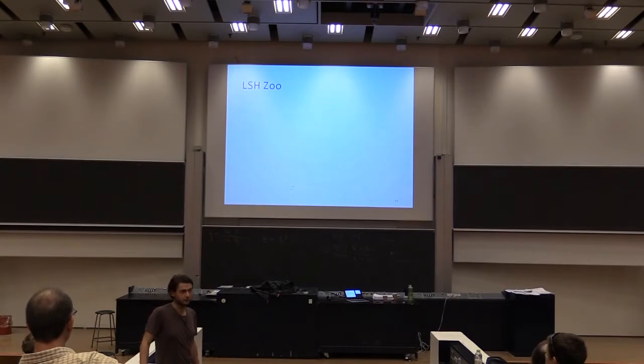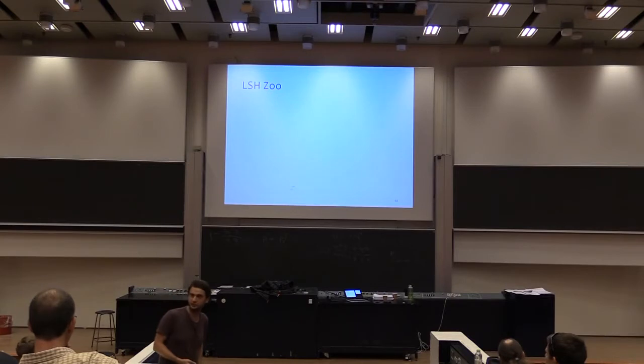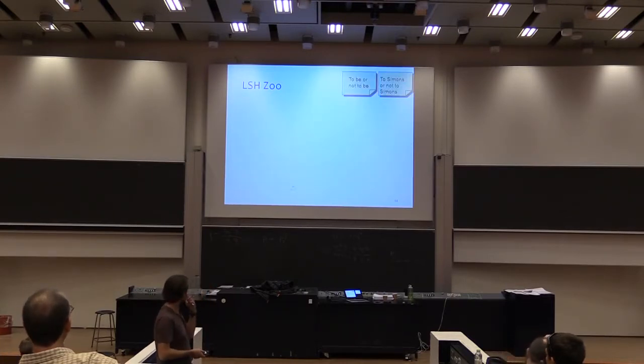And for different objects, we might want to embed them in different spaces, Euclidean or Hamming or more complicated like edit distance. And over time there has been a number of such LSH functions that have been designed. Right? And I need to show some of the classical things that have been done.